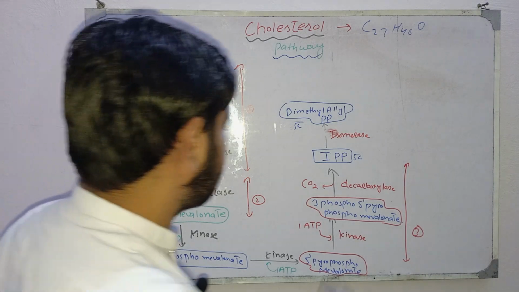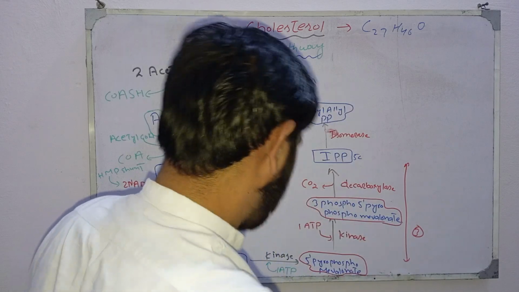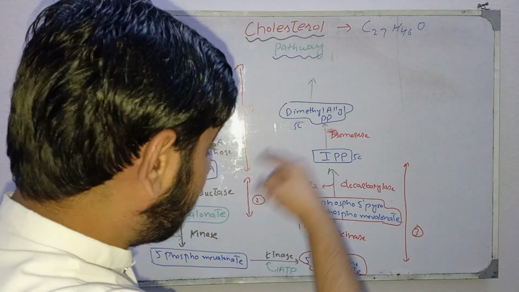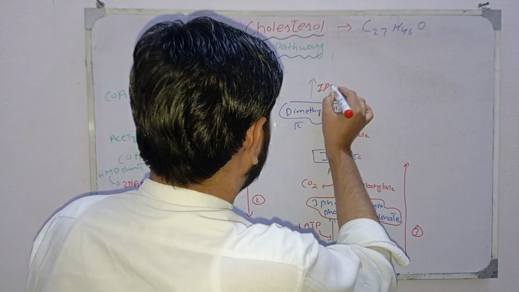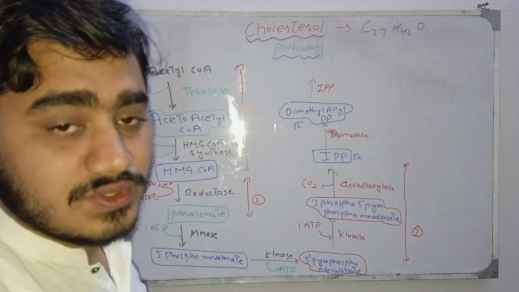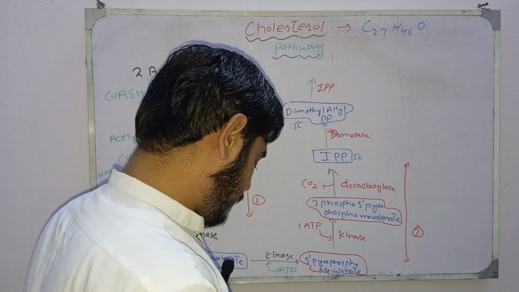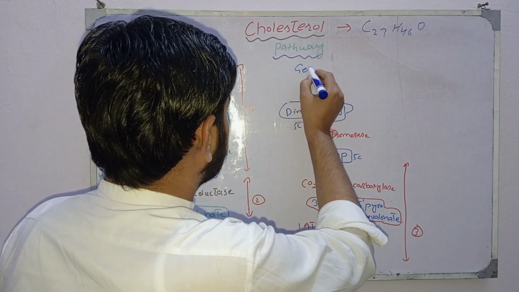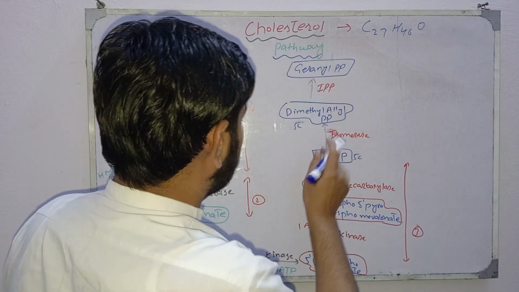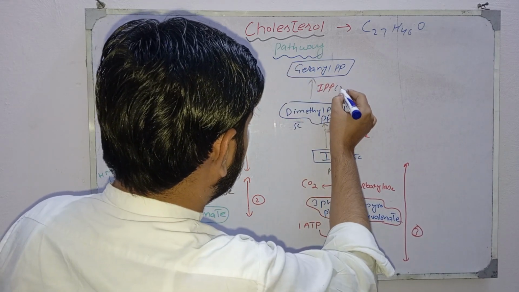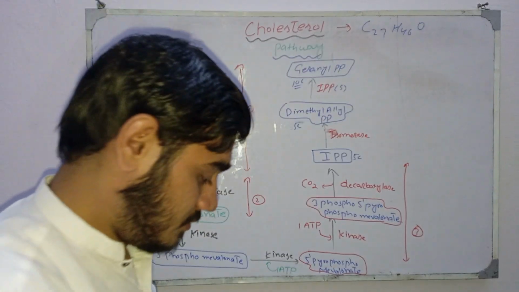In next step, there is a condensation of isopentenyl pyrophosphate, and it converts into geranyl pyrophosphate. It is a 10 carbon atom containing compound.